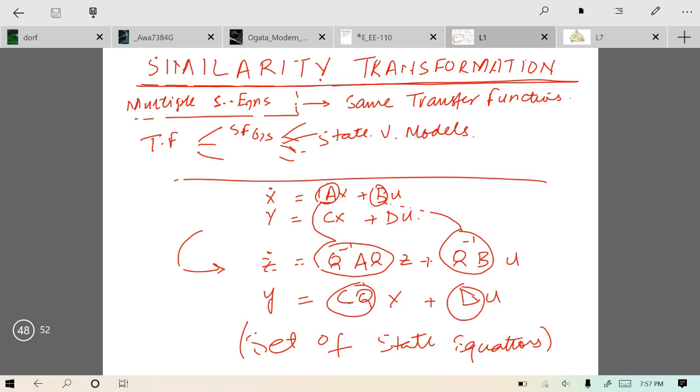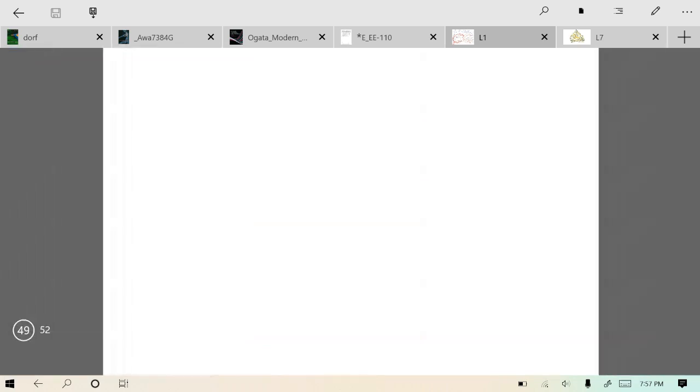What is Q? For example, if you have some vector this, and someone asks you to write this vector in terms of this and this.